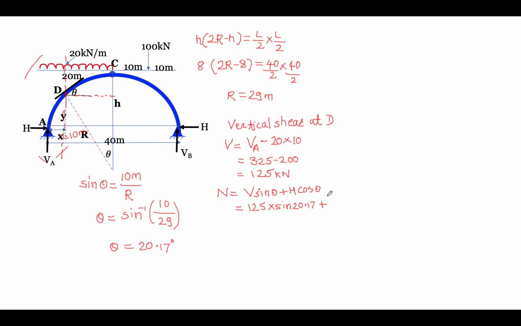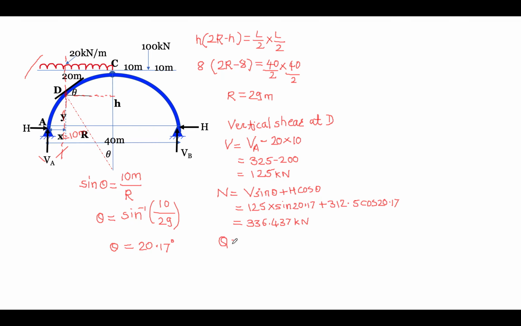H value is 312.5, cos theta, cos of 20.17. When we calculate, we get 336.437 kilonewton. So this is our N, normal thrust.